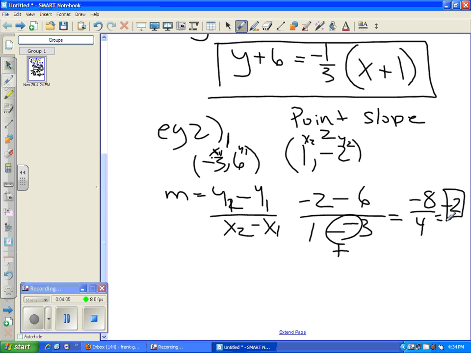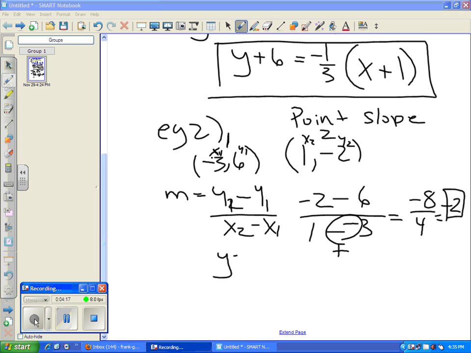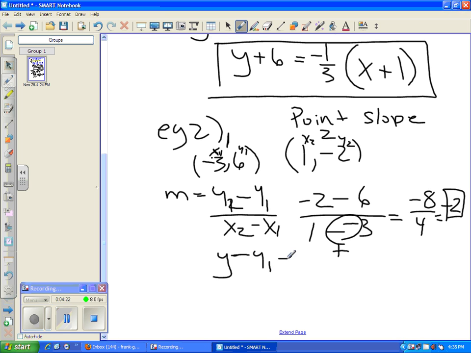Now all I got to do is choose one of these points in order to put it to the point-slope format. Remember, the point-slope format is y plus, sorry, I said plus, I meant minus y1 is equal to m, which is the slope, times x minus x1.